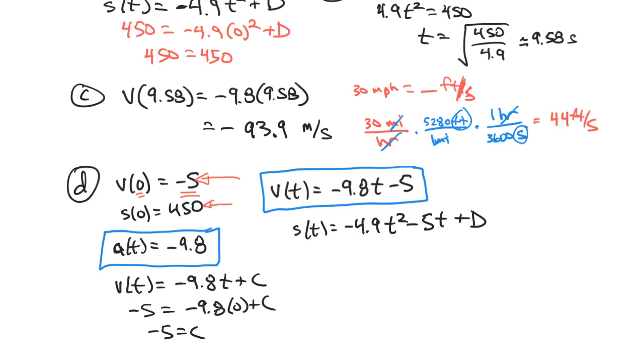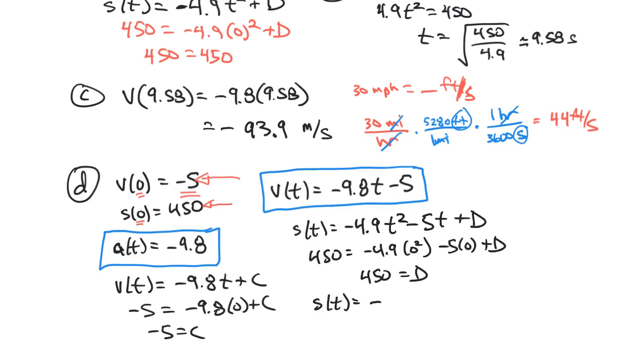This says that when time is 0, the position is 450. So we get 450 equals -4.9 times 0 squared minus 5 times 0 plus d. So 450 equals d. So now we can improve on our position function. We can say s of t equals -4.9t squared minus 5t plus 450.